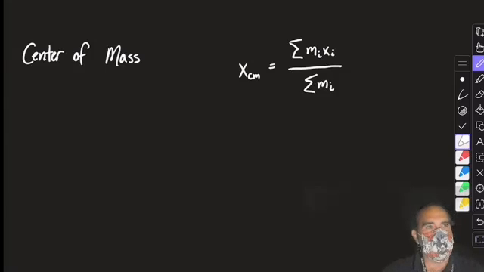But that's really not all the story, because the center of mass is a location. That's the biggest misnomer about the center of mass. People have this idea that the center of mass is a mass, but that's not it at all. The center of mass is a place. It's a location. It's where the average mass of the object is. So this formula is the same formula you learned in the 6th grade for calculating a weighted average.